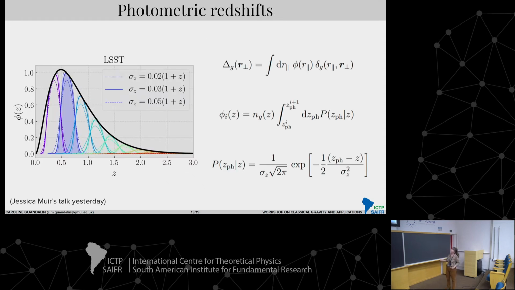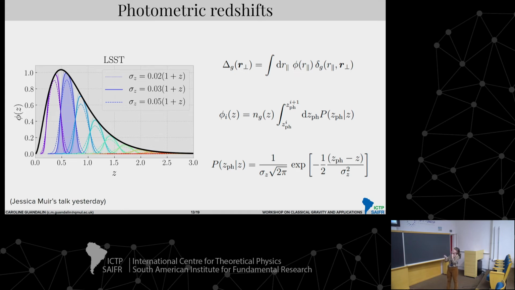So when you do that, one thing that you have is large uncertainties on your redshift. And here I'm showing the redshift distribution of sources. In black is what you would have from a spectroscopic survey, where you know that a galaxy at redshift 1 is exactly at redshift 1.